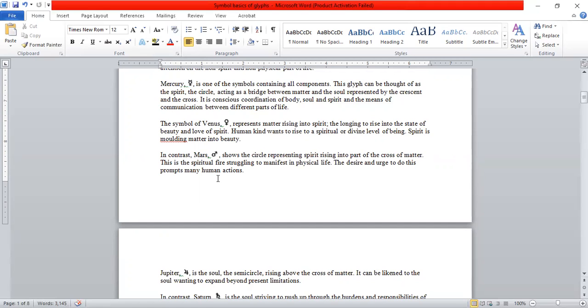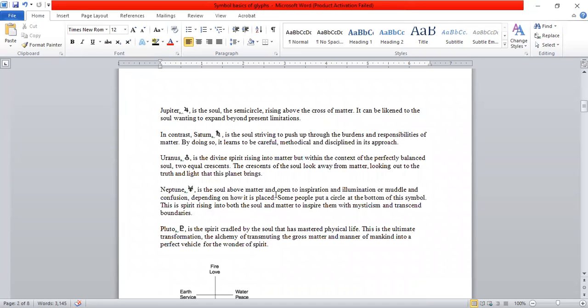But anyway, in contrast, Mars shows the circle representing spirit rising into part of the cross of matter. This is the spiritual fire struggling to manifest in physical life. The desire and urge to do this prompts many human actions.